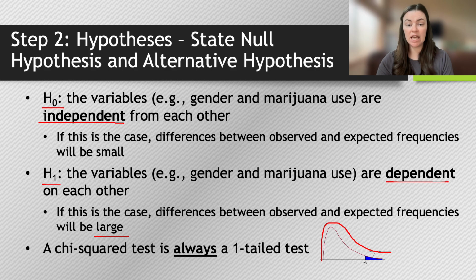Just know that it is, and that it will always just be the positive end of our distribution here, and that's all you'll need to be concerned about. We won't have a two-tailed test where we're concerned about whether it is on the positive or negative end. It will always be a one-tailed test. And because of that, there's going to be this extra step of degrees of freedom that we'll have to determine, but we'll do that next in step 3.